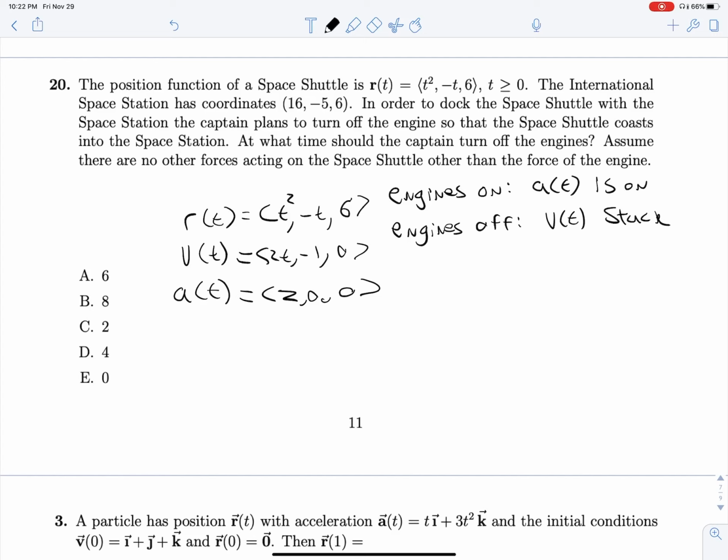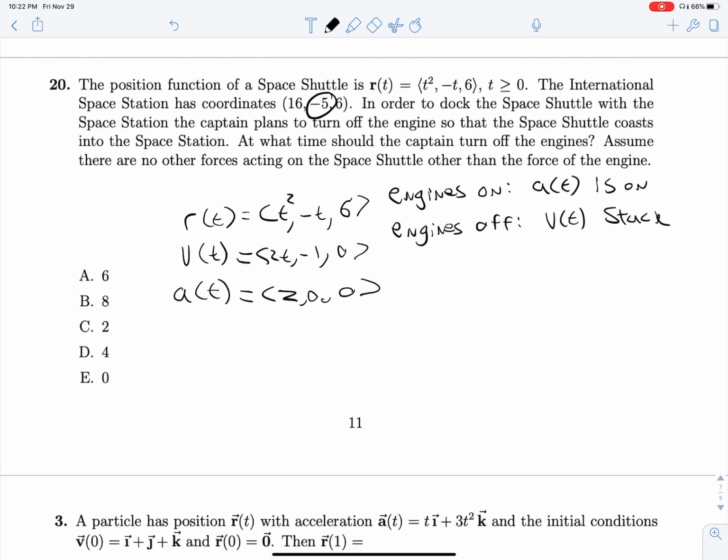And this is interesting. So we see that our engines are only accelerating us in the x direction, which tells us something else. We see that the space shuttle's y coordinate is negative 5, and we see that our position function, which will not, and our velocity function will not be changed at all by having the engines on, is negative t over here for our y component.